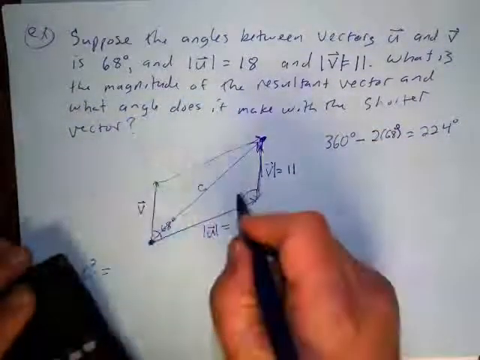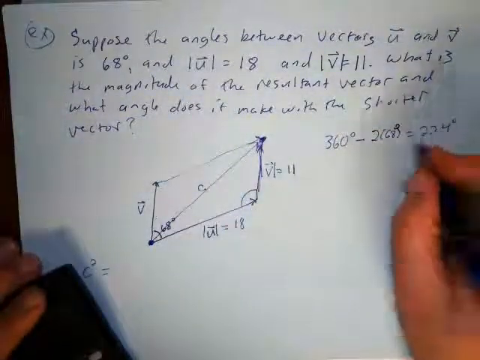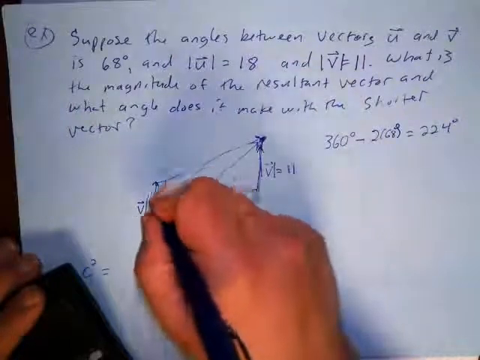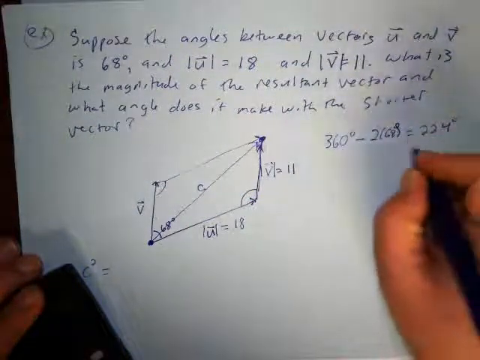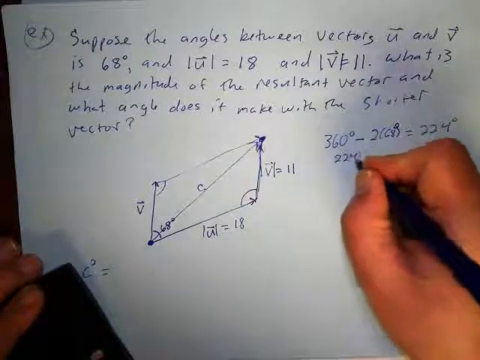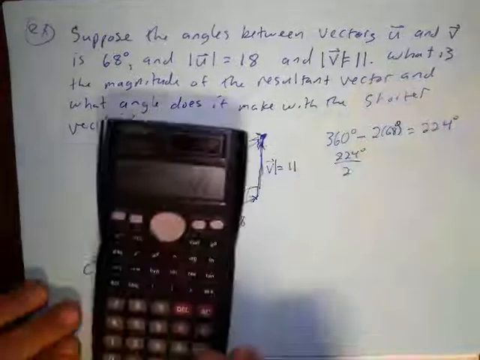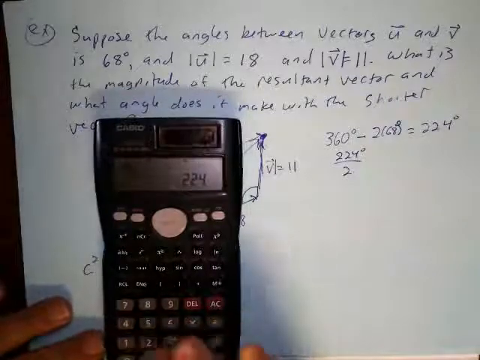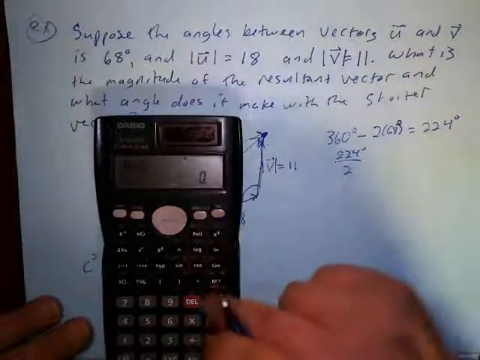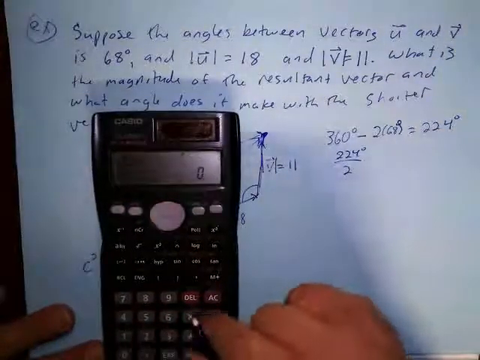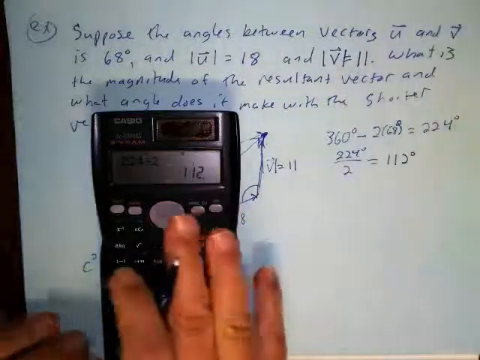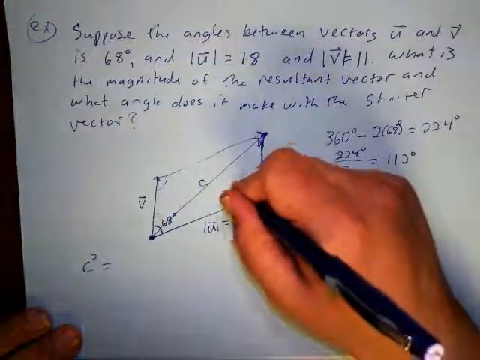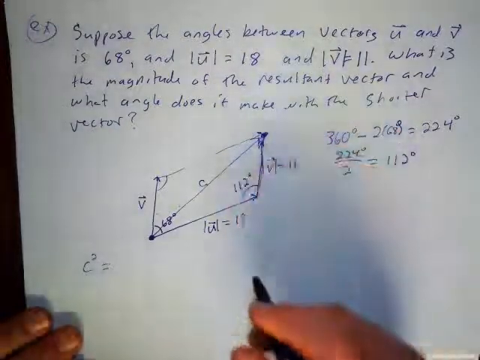Now this has to be divided evenly, these two are equal. So I take 224 degrees and divide that by 2, and I get 112 degrees. So this is 112 degrees.